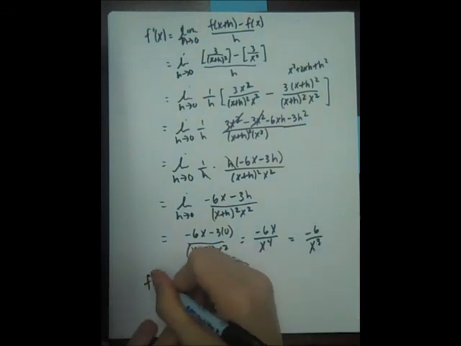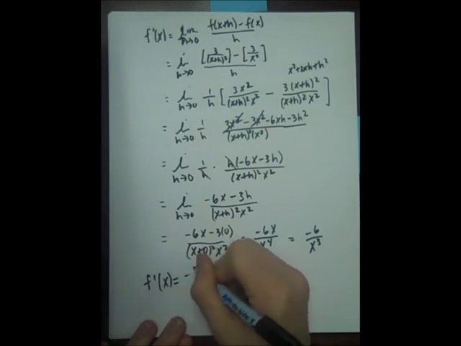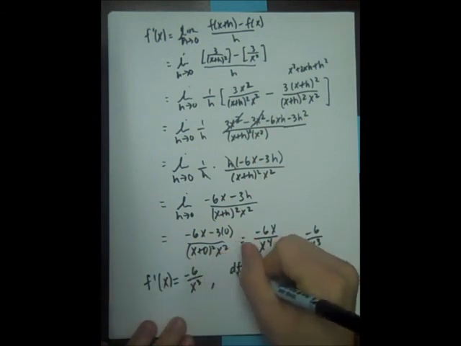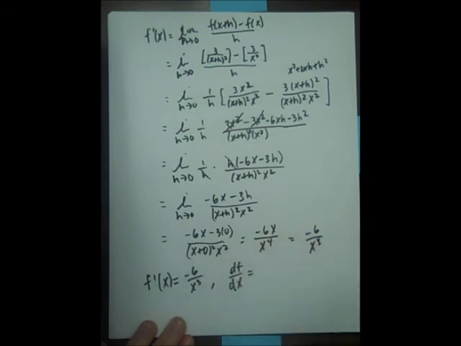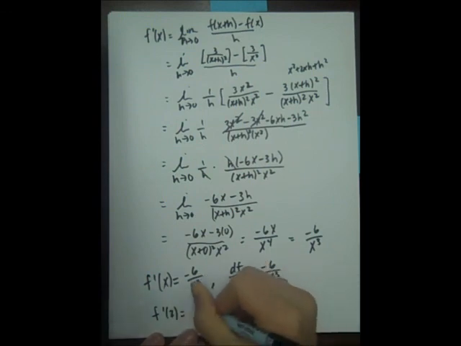So that tells me that f prime of x is negative 6 over x cubed. Or if we're going to write it in the other notation, df/dx is negative 6 over x cubed. Now to answer the questions that we had, what was f prime of 2? Well, I just plug in 2 into my equation.